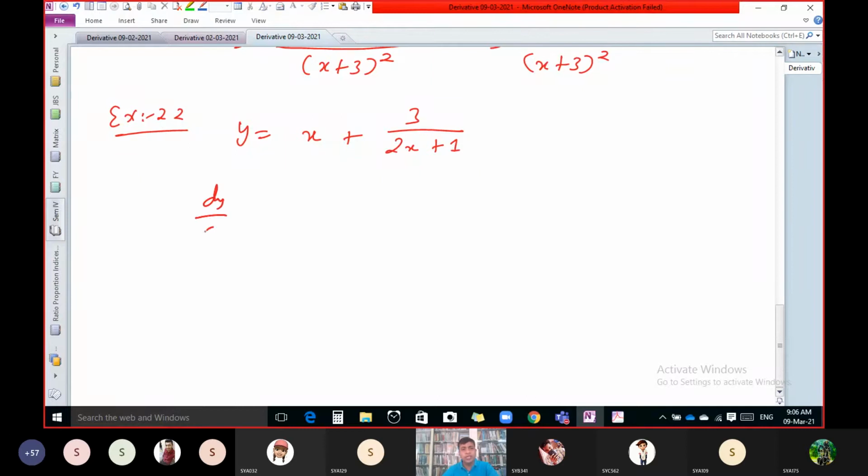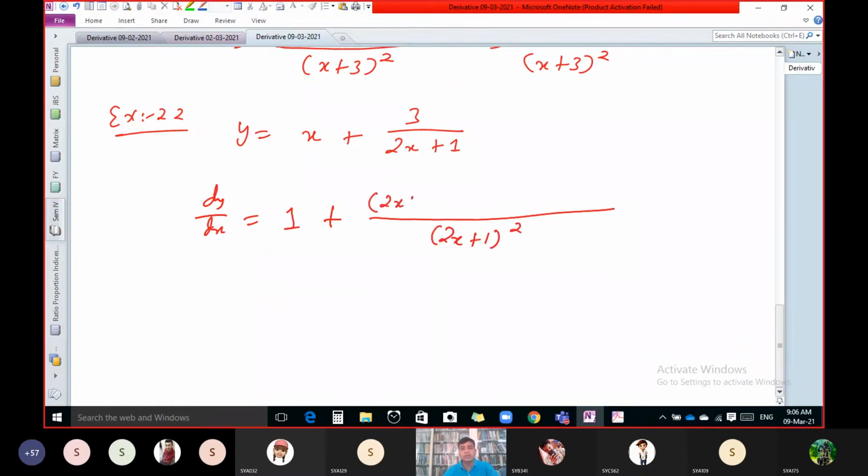So if we differentiate directly, what do we get? Because there is not much simplification required for this second part, you can start the u upon v rule for this second part and find the derivative of the first part directly. So tell me the derivative of x. 1. 1 plus, now for this second part use the u upon v rule. So what do we get? 2x plus 1 the whole square.